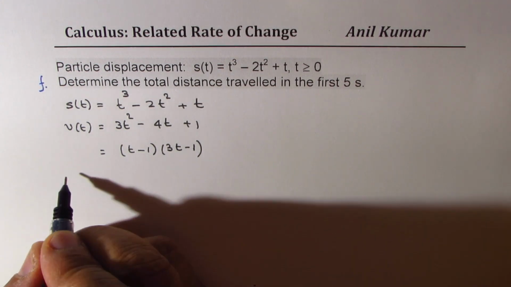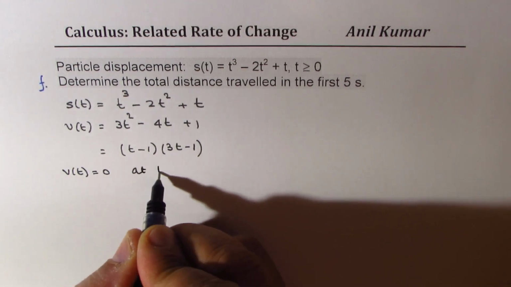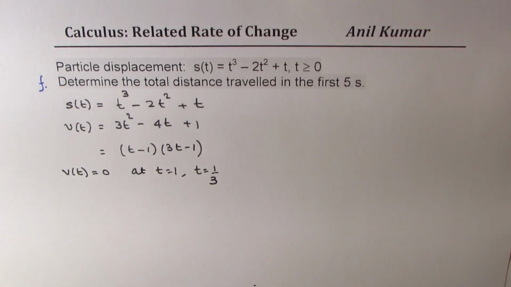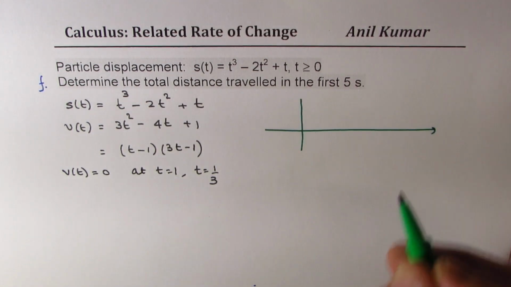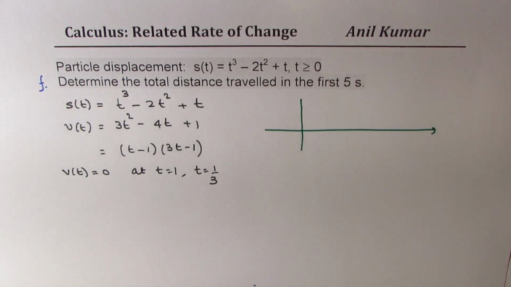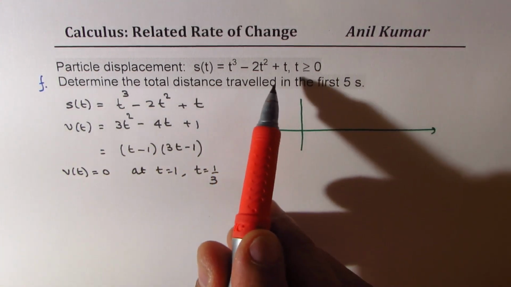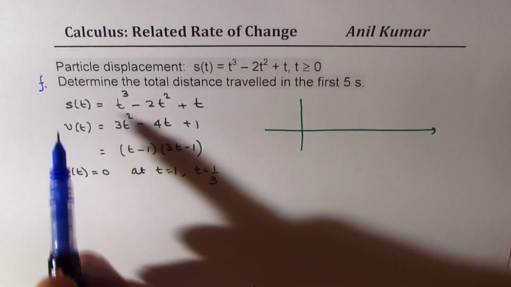So that means v of t equals 0 at t equals 1 and at t equals 1 over 3. So if you're looking for the motion in 2 dimensions, I could actually sketch it along this line. First, when t is 0, the displacement is also 0. So at these times, let's find the displacement.